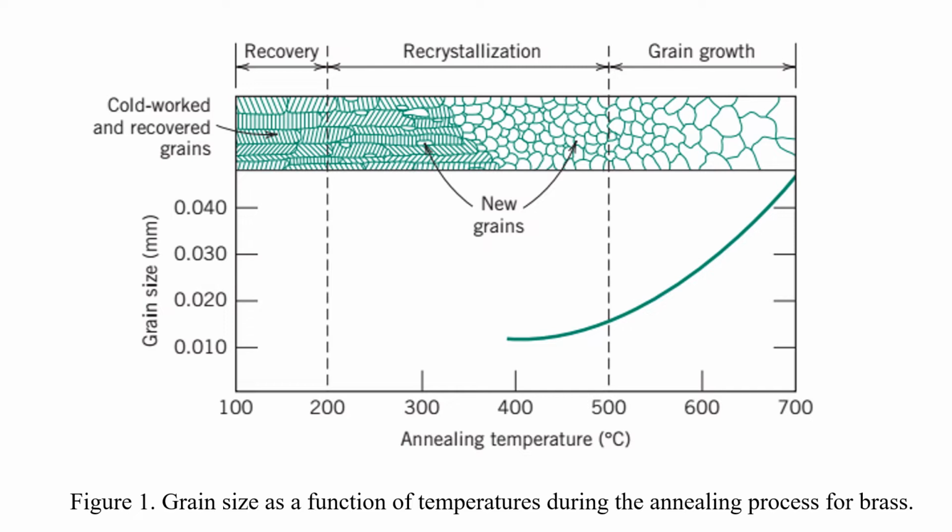As the temperature goes higher and reaches the recrystallization stage, the relatively high strain energy of the grains will be released and a new set of strain-free and equiaxed grains will form. These new grains have low dislocation densities and their equiaxed geometries are characteristic of the pre-cold work condition.